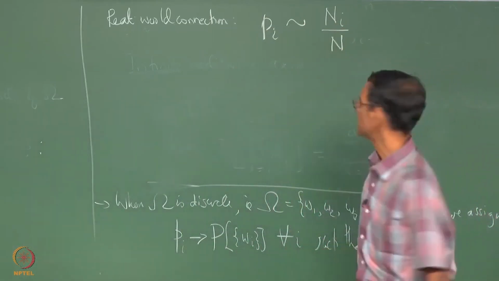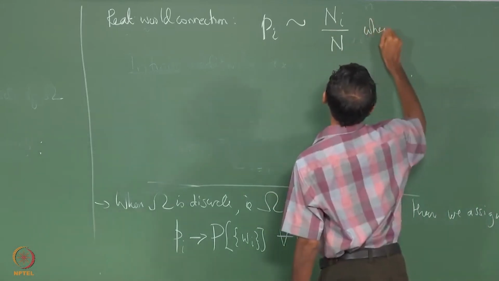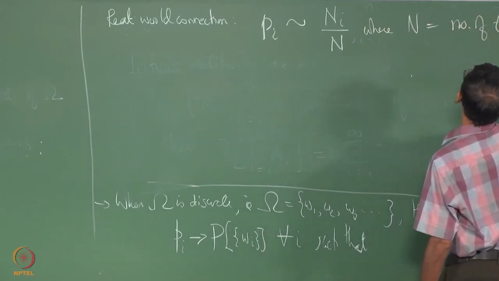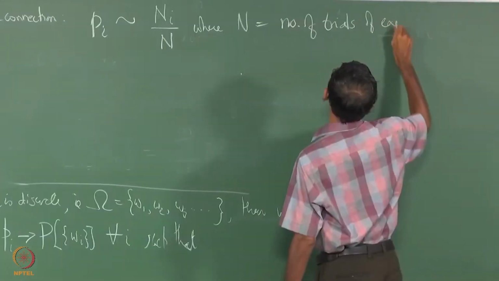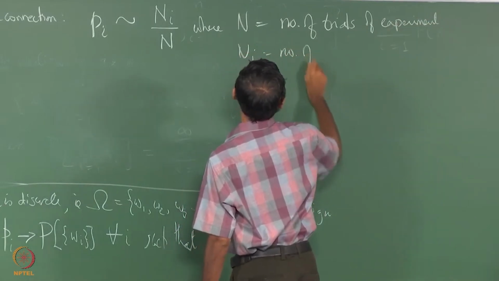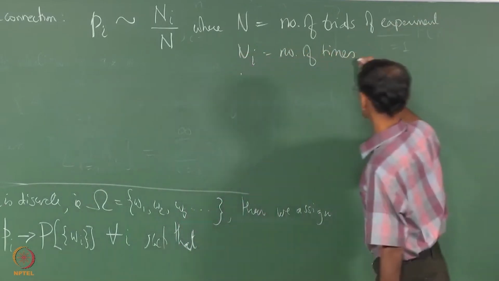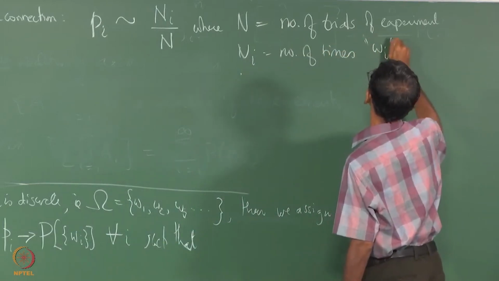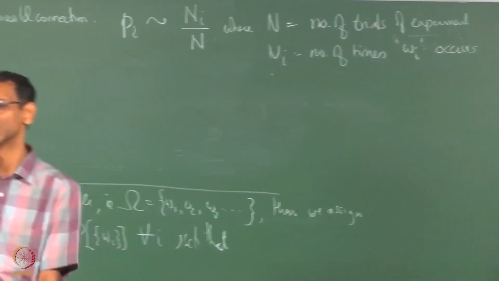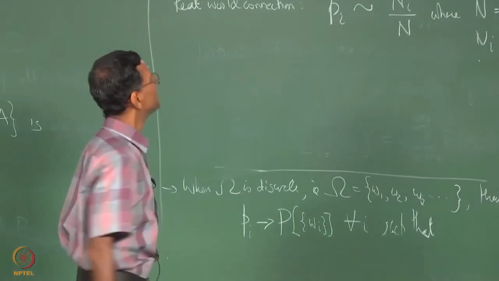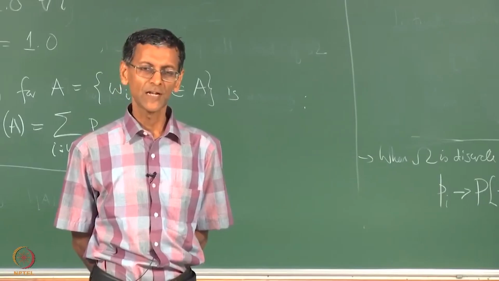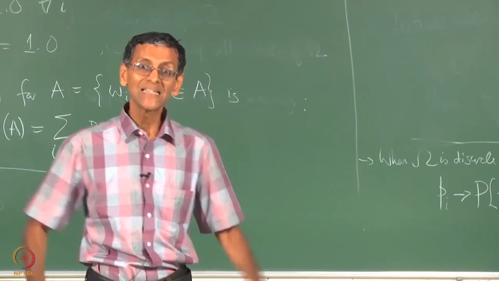What is Ni? Ni omega I. So probabilities are always associated with relative frequencies in application, but that is the application of the theory.